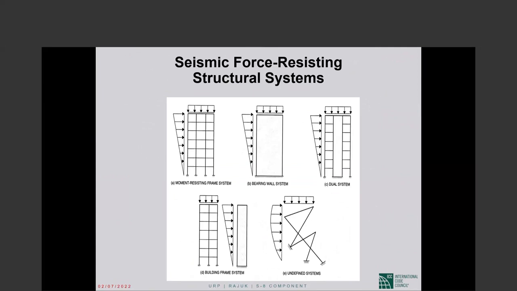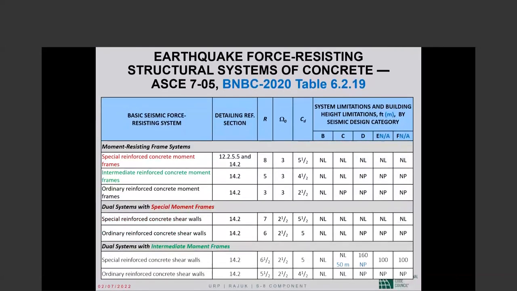The seismic force resisting structural systems, I spent quite a bit of time on the other day, so I assume that this was understood and remembered. We have moment resisting frame system, bearing wall system, and then combination shear wall frame systems, which can be designed as dual systems or building frame systems. Okay.